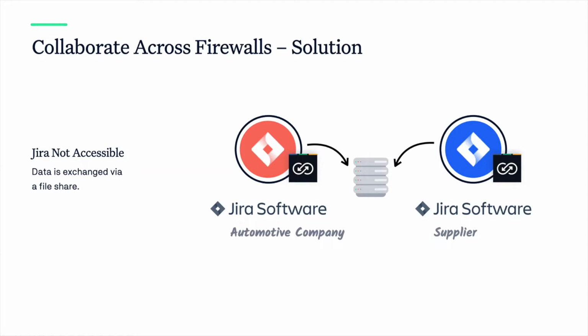The issue sync app on the right-hand side would then read the data from the file share and upload it there. This way, it's still possible to exchange that data. They could have also chosen email, but for their solution, they already had some file shares in place, so that was the easier solution for them.